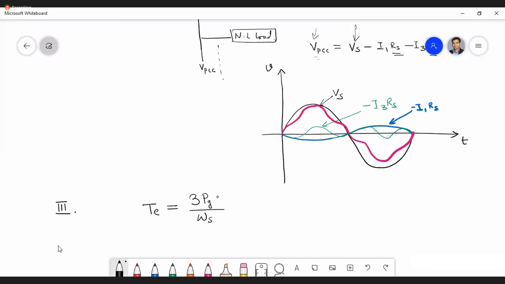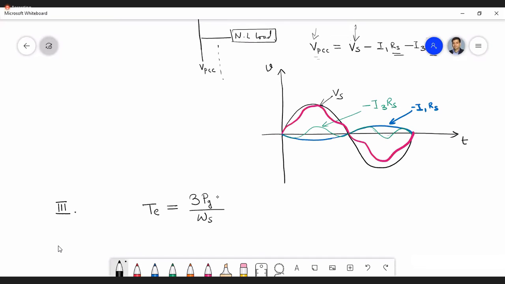If we add the contribution from the 3 phases, it will be 3 PG, because power is after all a scalar quantity. So 3 PG by omega s. Omega s is the synchronous speed in radian per second. Remember.